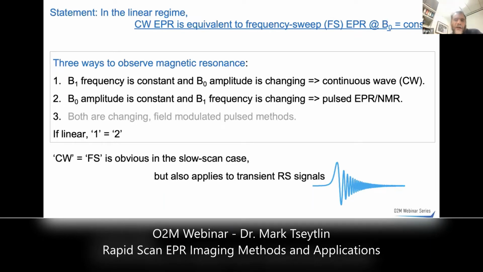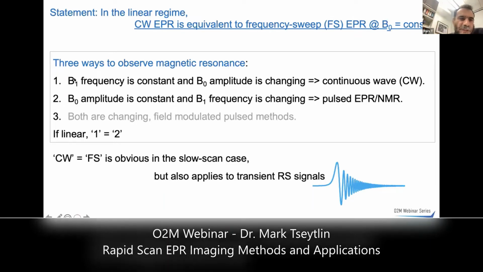In the beginning, I touched upon these definitions: in experiment number 1, B1 is constant and B0 is changing. In experiment number 2, B0 is constant and B1 is changing. What I'm saying is that in the linear regime they're equivalent.